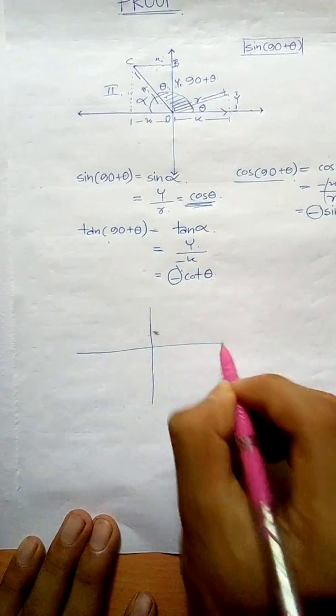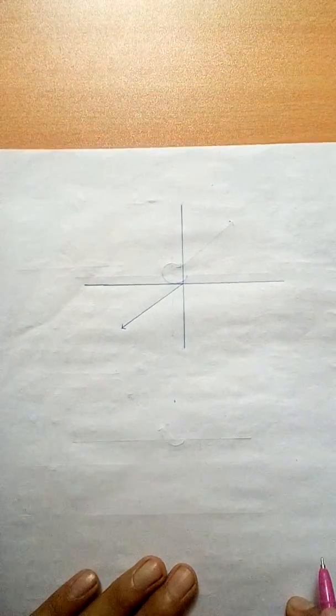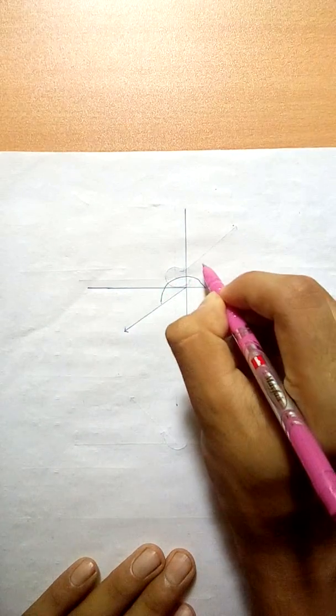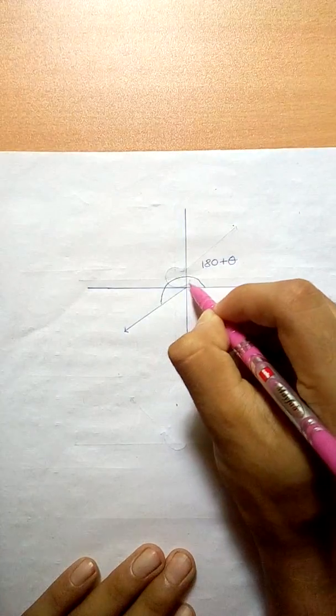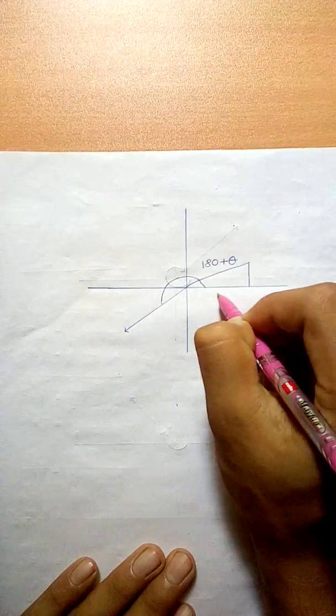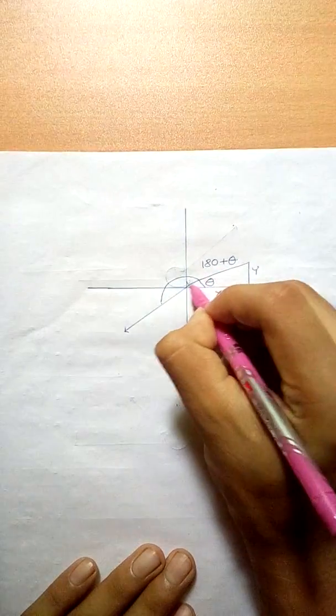I'll do it by hand. So I have it. Okay, in the third quadrant, this is the big angle, means 180 plus some theta. Okay, so we have rotated it. This is x, this is y, this is theta. Okay, this is the r.